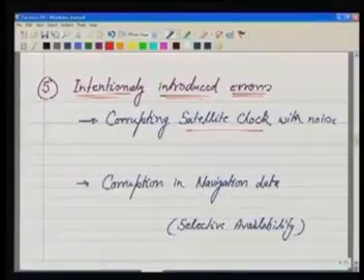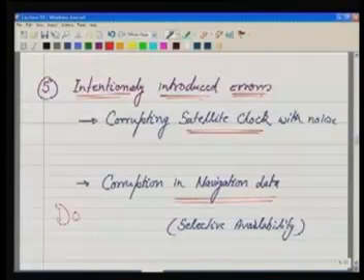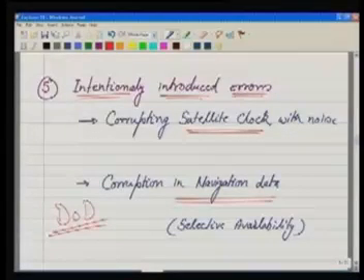So, this possibility is there. Sometimes if they wish, they can corrupt these signals. Now, if we are locating our position with a corrupted signal, it will be wrong. So, this is corruption of the satellite clock with noise, as well as corruption in the navigation data, which basically can be provided by DoD.